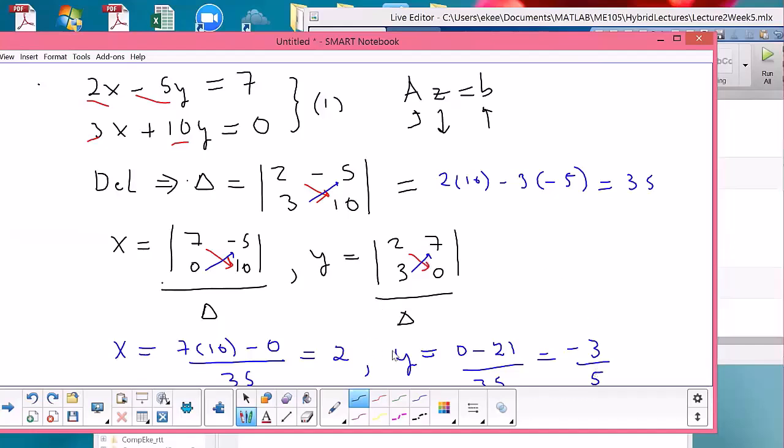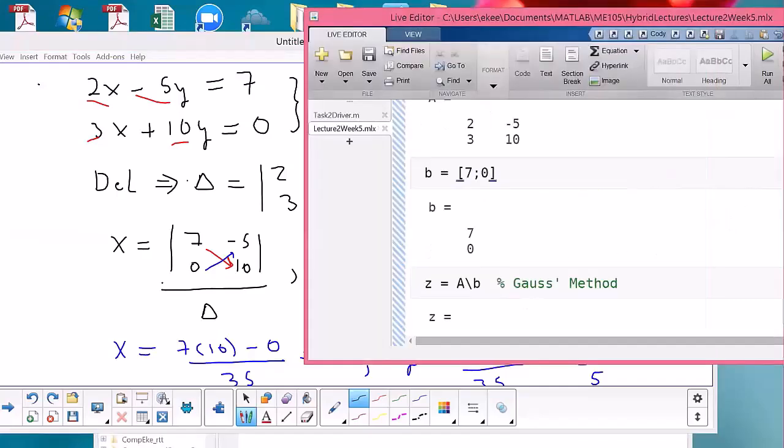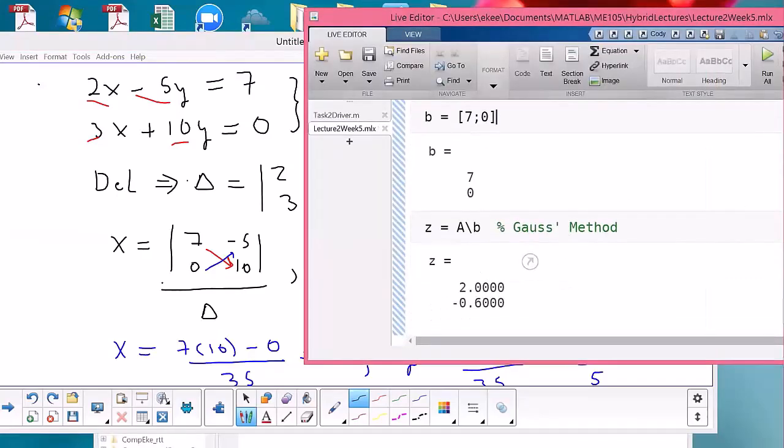So that's what I had by hand. If you look at the MATLAB live script, it's saying that the first unknown is 2. So Z stores the 2 unknowns for you. Z is the very first one, what I'm calling X, should be 2, and my Y should be minus 0.6.